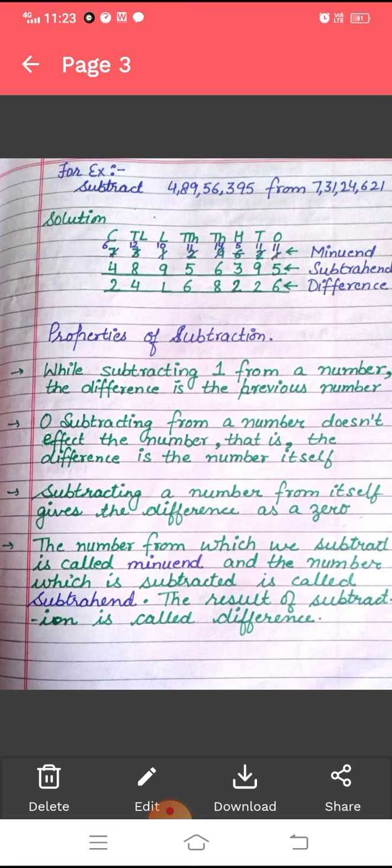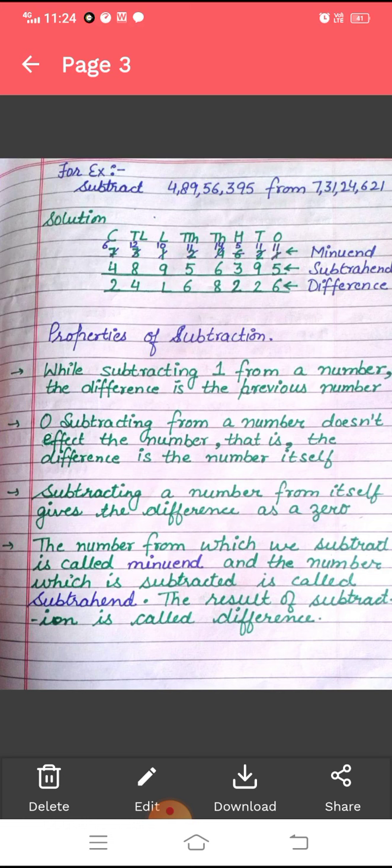5 minus 3 is 2. Then in the thousands column we will make it 14, that is 14 minus 6, 8. Then cut it down and make it 11. 11 minus 5 is 6.